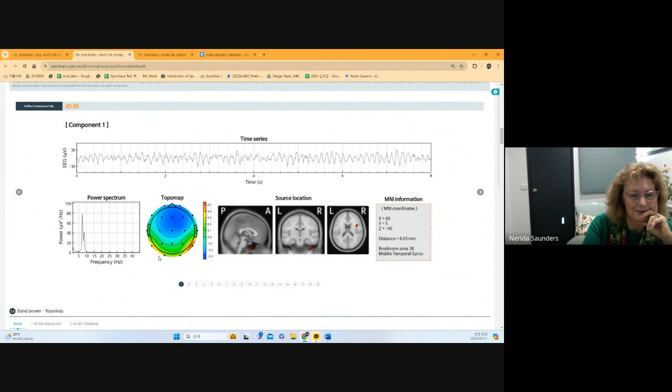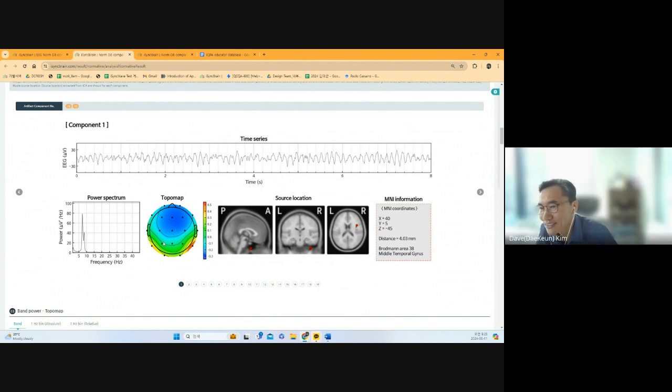So the first component is the largest effect in the sensor level EEG, and usually in the normal healthy population, the occipital alpha peak should be component number 1. But in these MCI cases, you can see the first component coming from the middle temporal gyrus.